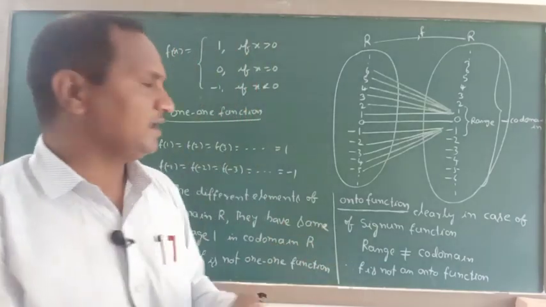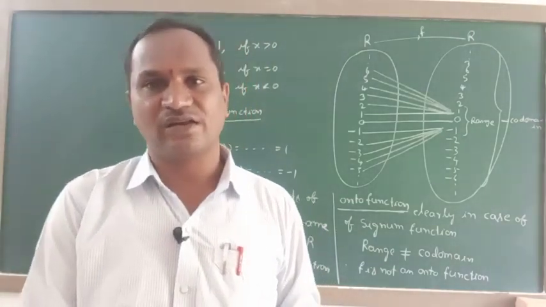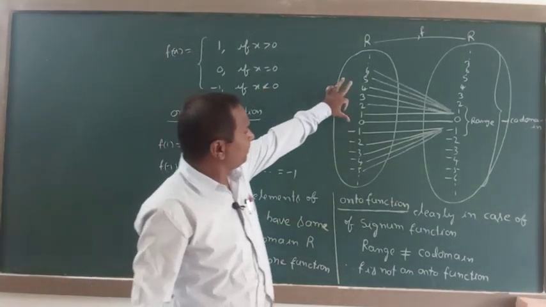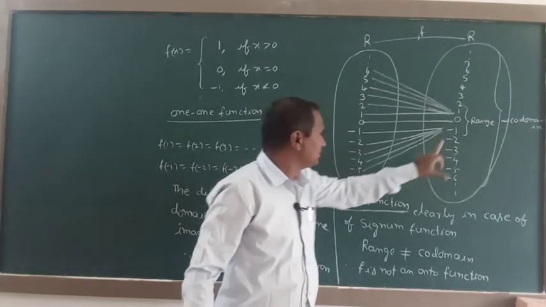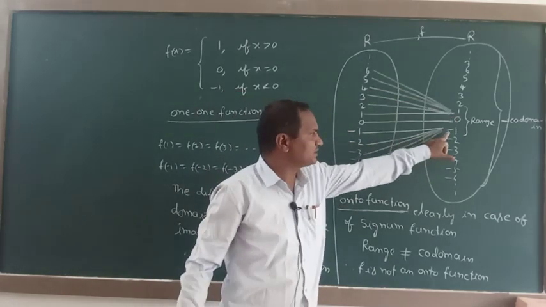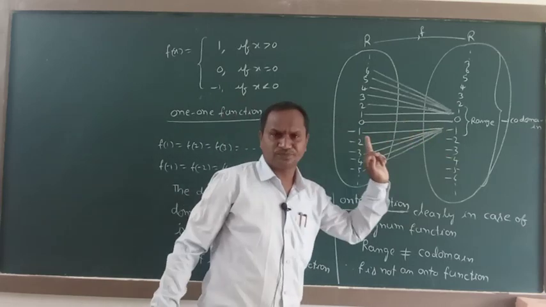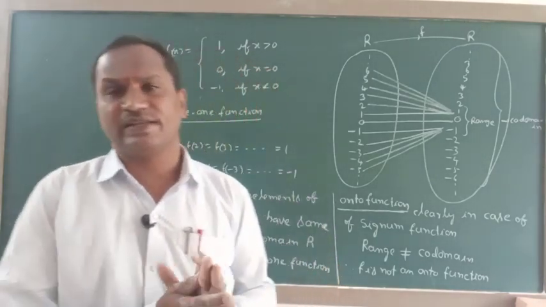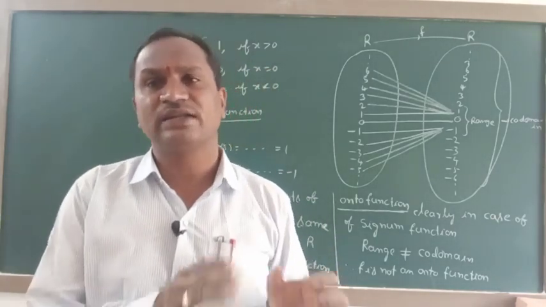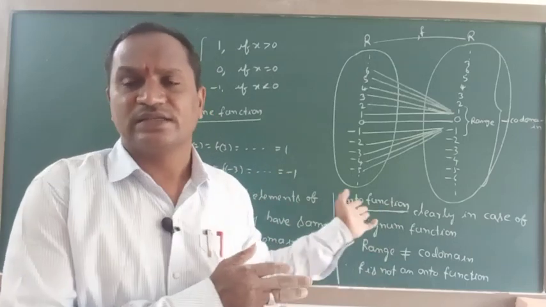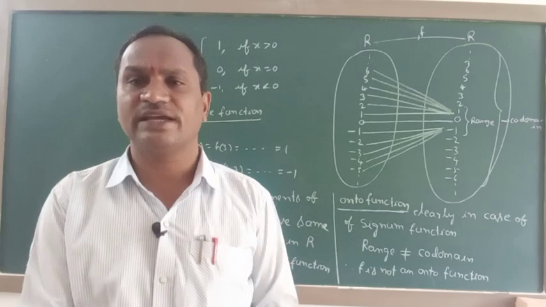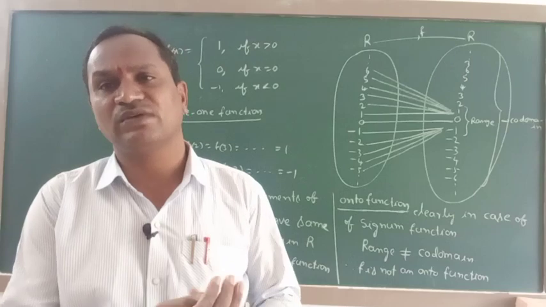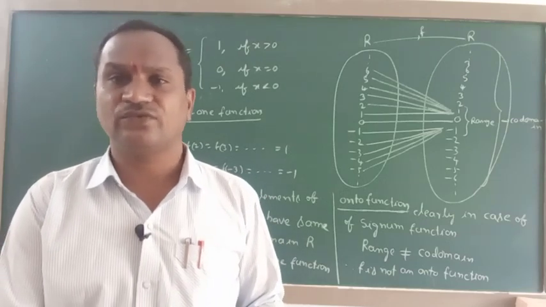So f is neither one-one nor onto, because by observing the diagram representation, for the set of all positive real numbers the function value is 1, for the set of all negative numbers the function value is minus 1, and exact 0 goes to 0. Distinct elements of domain capital R have the same image 1 in codomain capital R. Even the set of all negative numbers have the same image minus 1. So f is not a one-one or injective function.